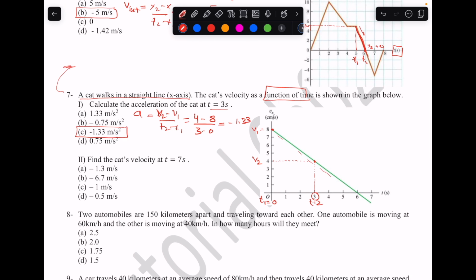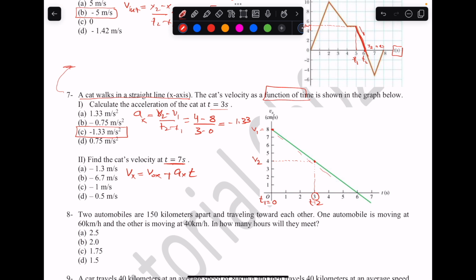Then find the cat's velocity. Find the cat's velocity at t equals 7 seconds. So we wanted to find the cat's velocity at 7 seconds, and here Vx is v naught of x plus ax times t, and ax we get from here.